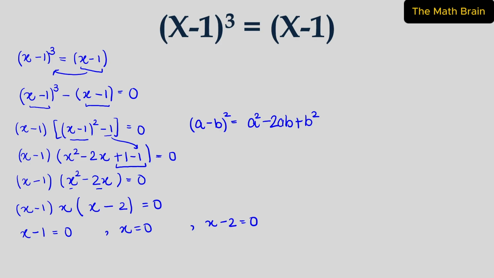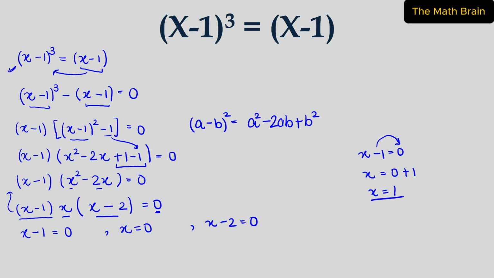What we have simply done is put x minus 1 equal to 0, then x is equal to 0, and x minus 2 is equal to 0, because if we simplify it again, we will get the equation from where we started. Now we can write x minus 1 is equal to 0. From here, by taking minus 1 to that side, we will get 0 plus 1, so x is equal to 1.